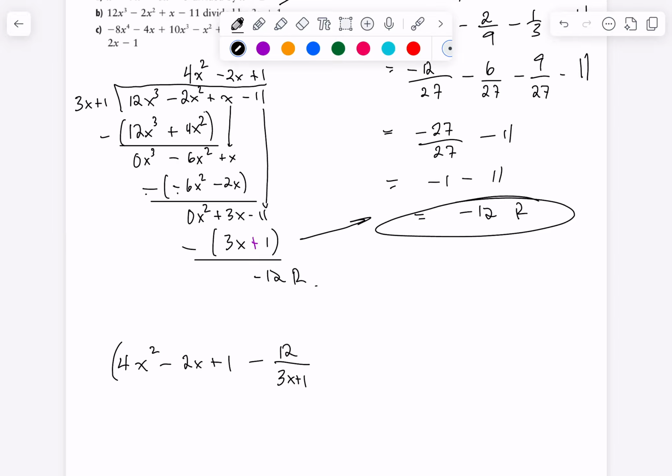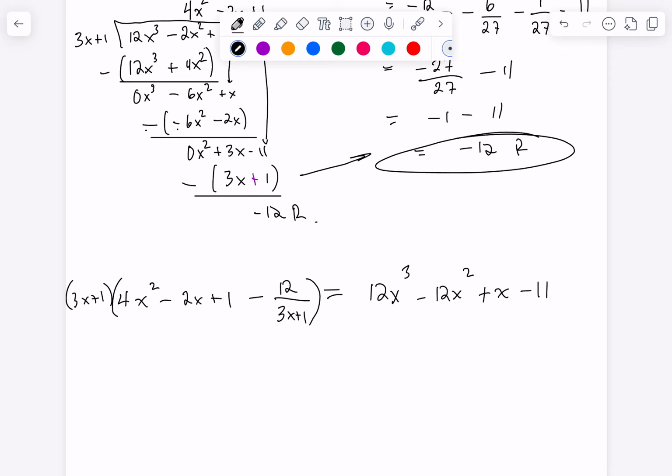If I took all of that and multiplied it by 3x plus 1, I would get back the original polynomial, 12x cubed minus 2x squared plus x minus 11. And then the restriction is that 3x plus 1 cannot be equal to 0, and so 3x cannot equal negative 1, and subsequently x cannot equal negative 1/3.